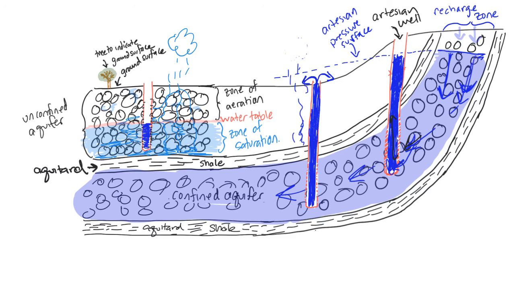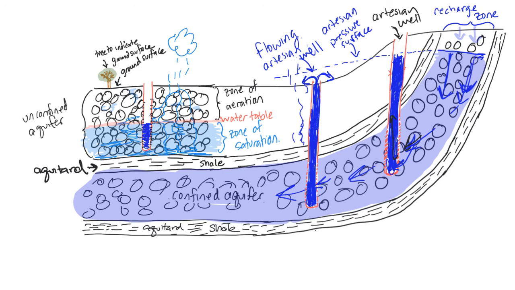So we are going to call this a flowing artesian well. There's nothing, again, extra special about it. It just means that it just so happens that there's enough water pressure in this pipe that it gets forced all the way up and out of the pipe.